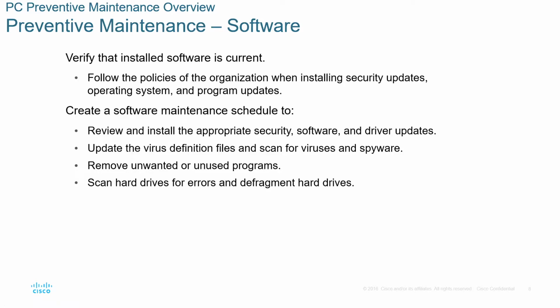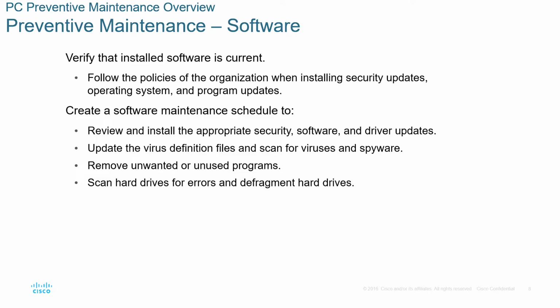If we are in an organization, working for a certain company, we need to follow all the company's guidelines on how to keep the system up to date and perform the program updates.